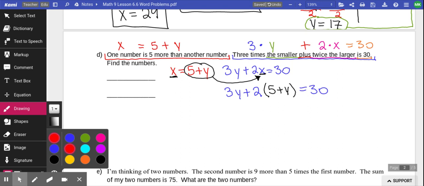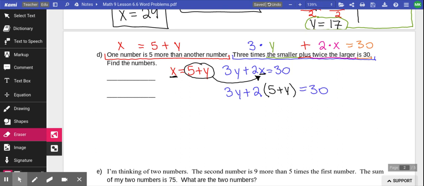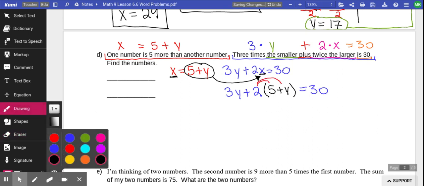I then have to solve this equation, the one I just created. I solve it by getting rid of the brackets. So I'm going to have to multiply the 2 into the brackets. That will give me 3y plus 10 plus 2y equals 30. I then can collect my like terms.